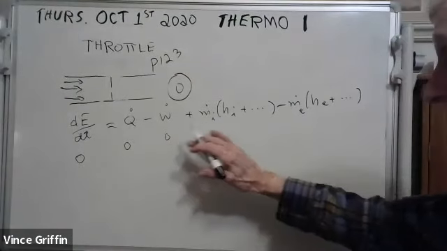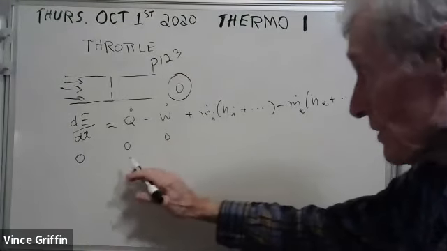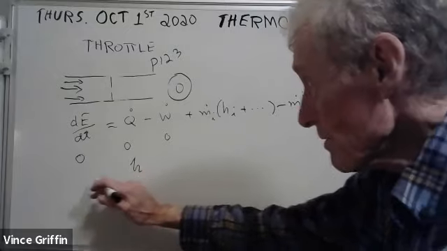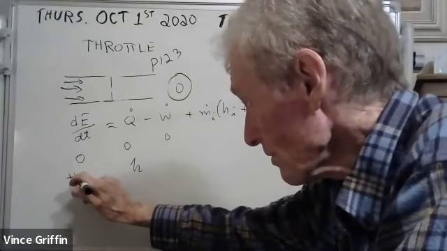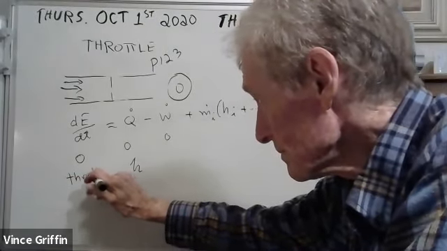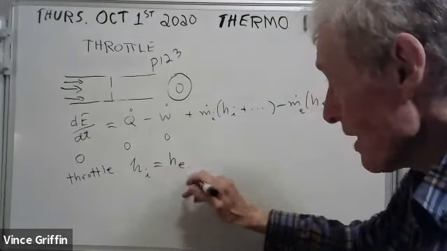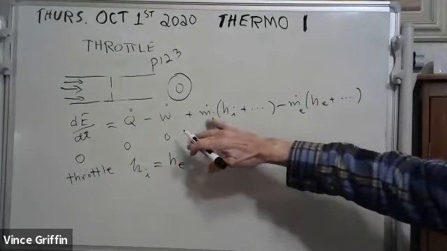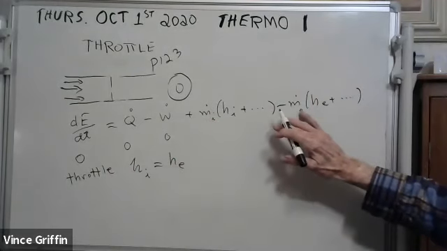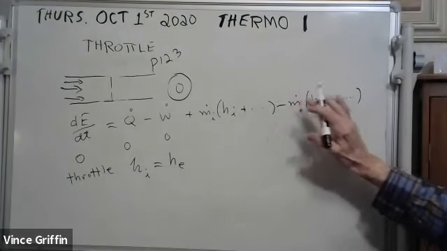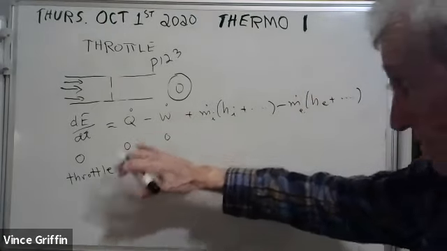It turns out when you get all through with your first law of thermodynamics, for a throttle, the h_i will equal h_e, because these mass flow rates have to be the same. And these are the same. These are 0. Hey, that's it.